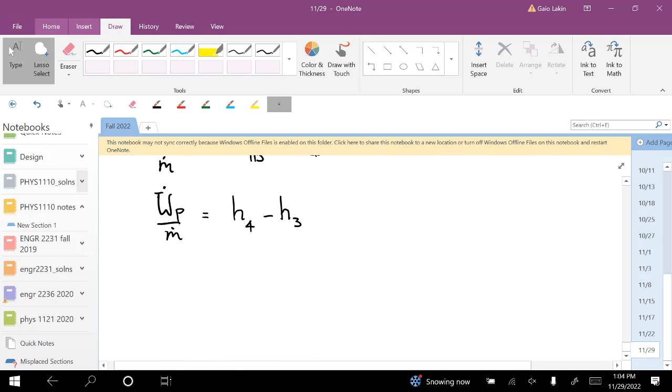And now we have the two times through the steam generator, so the ratio for boiler 1 is from 4 to 1A, and so that is going to be H1A minus H4.